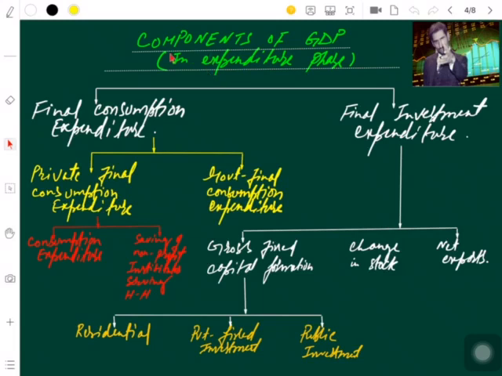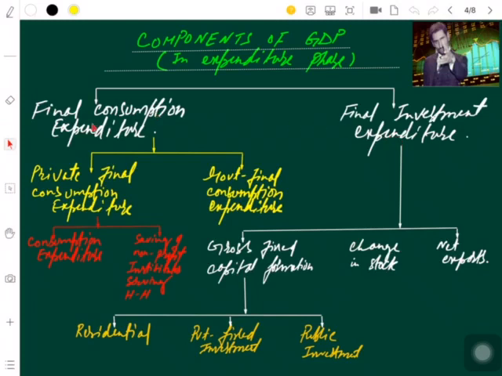We have been doing components of GDP in income phase, components of GDP in production phase. Now we are doing it in expenditure phase. It is final consumption expenditure, final investment expenditure.